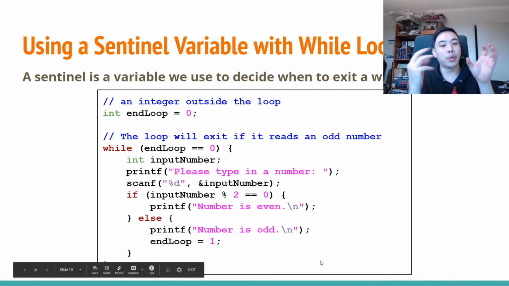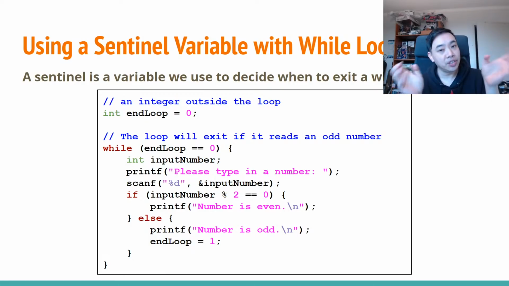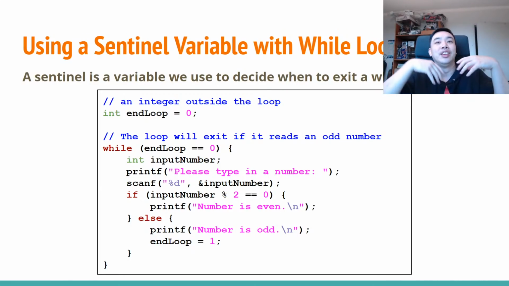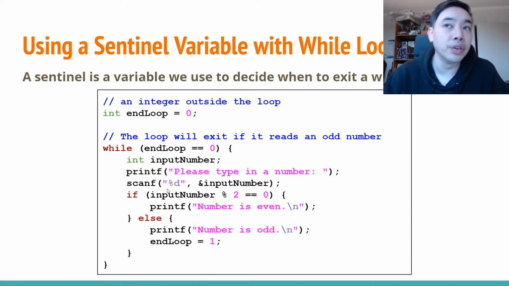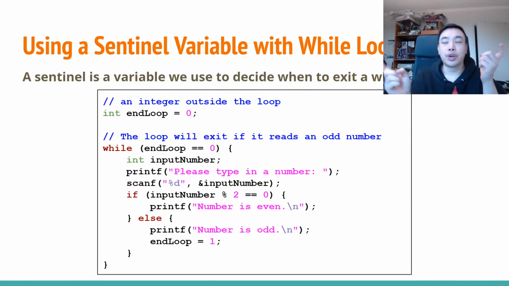This is a way that I can run code which potentially can run forever. This code is able to keep running as long as I keep putting even numbers in. If I just keep pressing 2, 4, 6, 8 forever, there's no way this program will ever end. But the second I type in an odd number, this loop will finish, and this program may eventually end, depending on what happens.